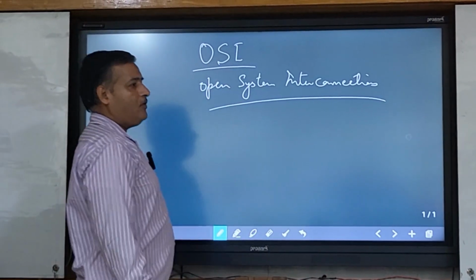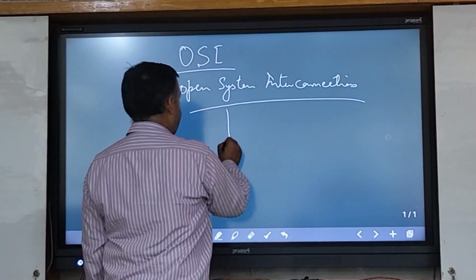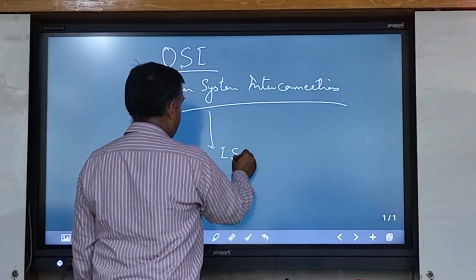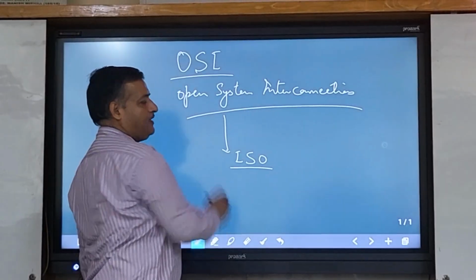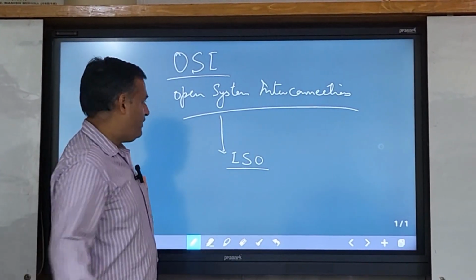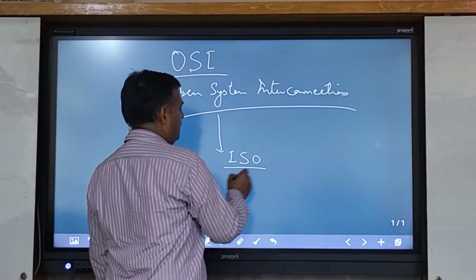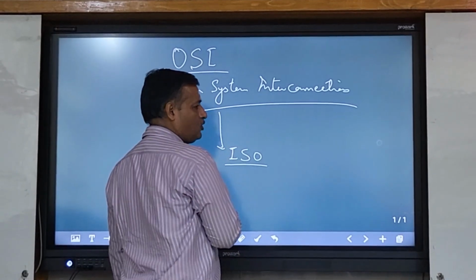This model was laid down by the ISO, the International Standard Organization. The alphabets are just reversed: we have ISO, and this model was proposed by ISO.